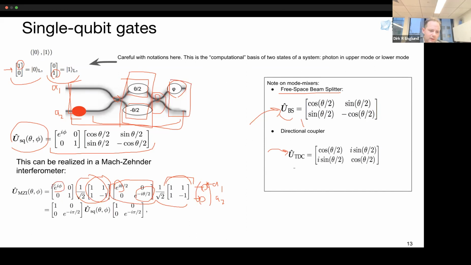You see it's only applied here to the upper rail, not to the lower rail. When we multiply all that through, we get this expression, which gives us sufficient degrees of freedom to do an arbitrary rotation around the Bloch sphere of this qubit that's encoded in this dual rail basis.